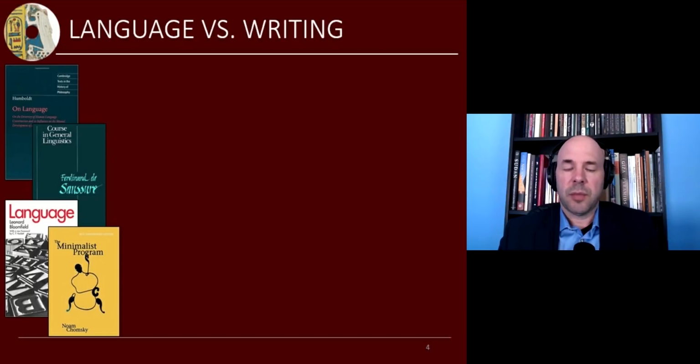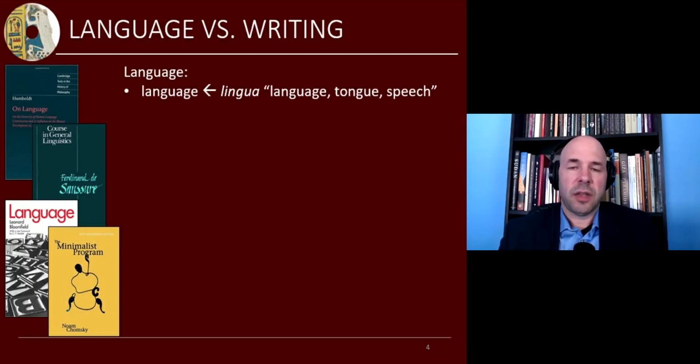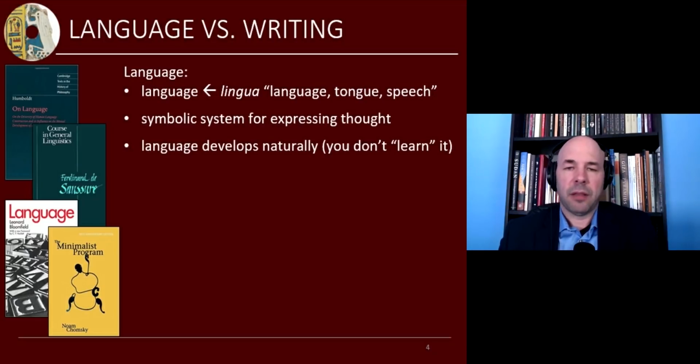So the first thing to think about when we're talking about ancient Egyptian is the difference between the language itself and the writing system. Language, on the one hand, is something that humans have as part of their biological endowment. You develop it naturally when you're born. You don't have to be taught it. You learn it with stimulus and input from your parents and the people around you.